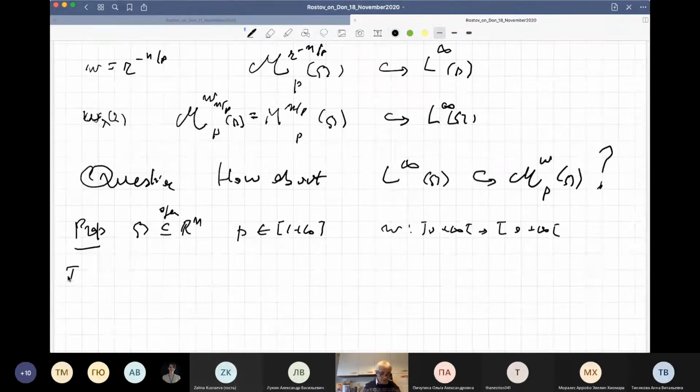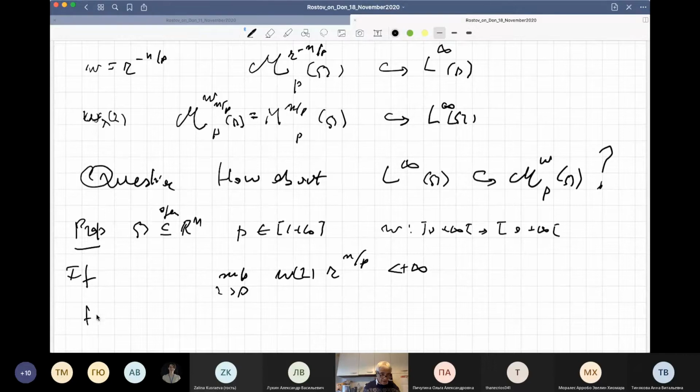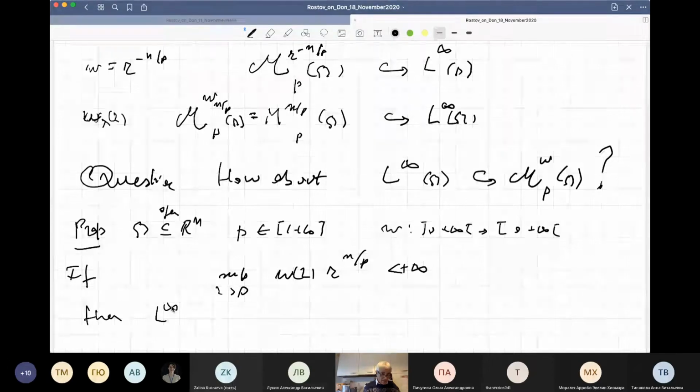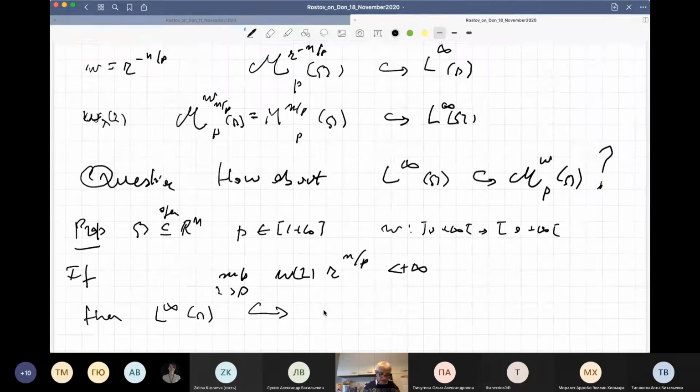If the supremum of WR times R to the n over p is finite, then L infinity omega is continuously included in MWP omega.